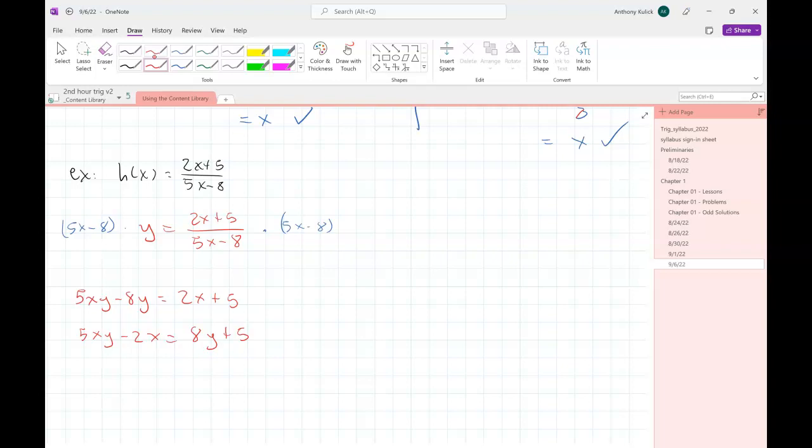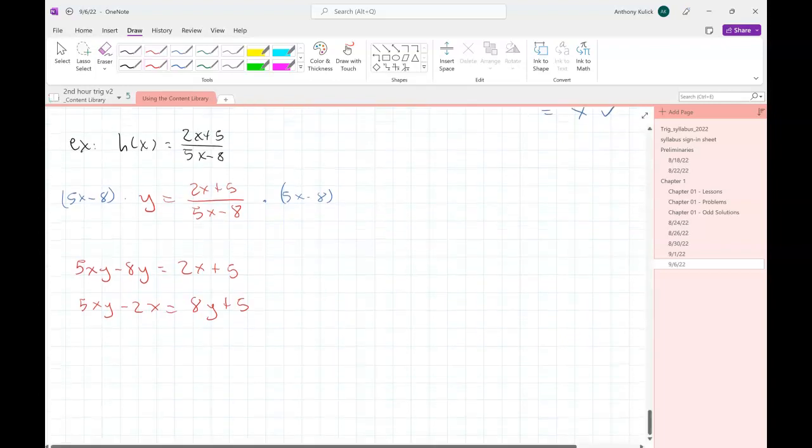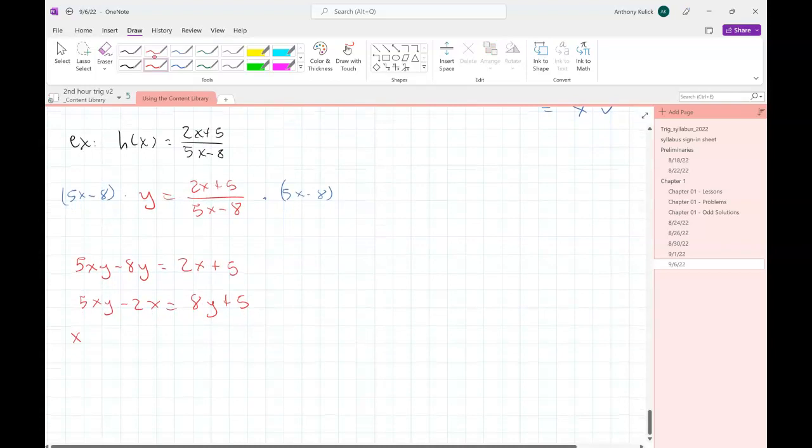There's an algebra 1 idea. Oh no. Really, Mr. Kulik? It was so long ago. Do you notice anything in common on that left-hand side? An x, right? What can I do if I have something in common? I can factor it out.